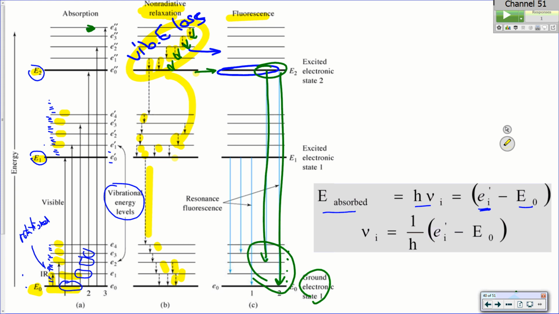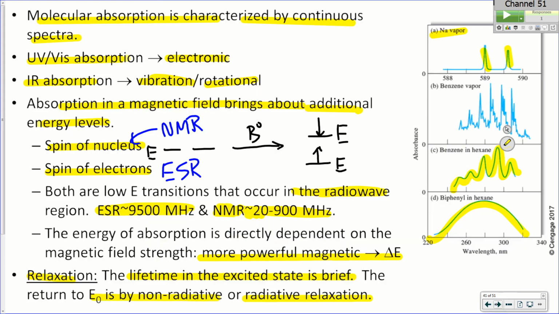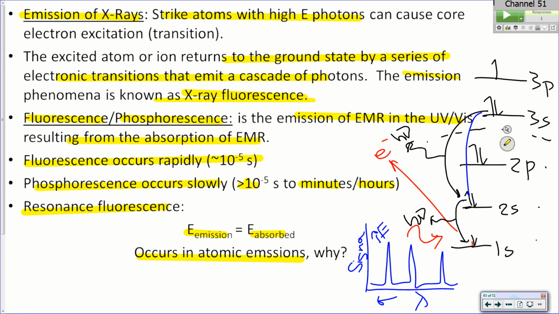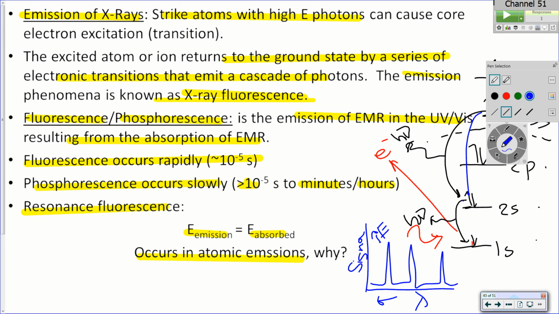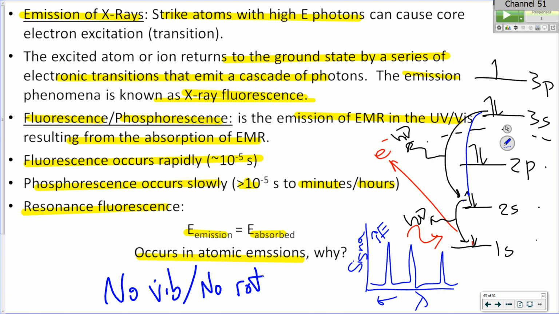In the molecular, we absorb up here, and then we had some vibrational energy loss, and then we had this drop. So why would it be different in individual atoms? I guess because they would absorb the energy. There's no vibration or rotational levels.